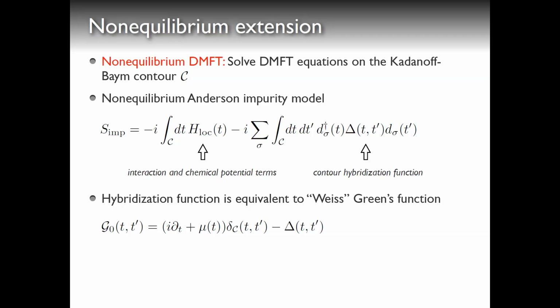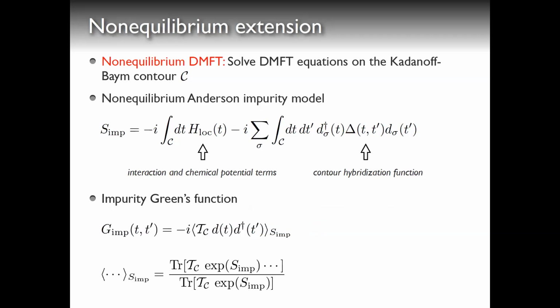The hybridization part, depending on the formulation, can also be rewritten in terms of a non-interacting impurity Green's function or Weiss Green's function, which is equivalent in terms of information to the hybridization function. And then given such an impurity action, we have to calculate the impurity Green's function by calculating these types of expectation values.